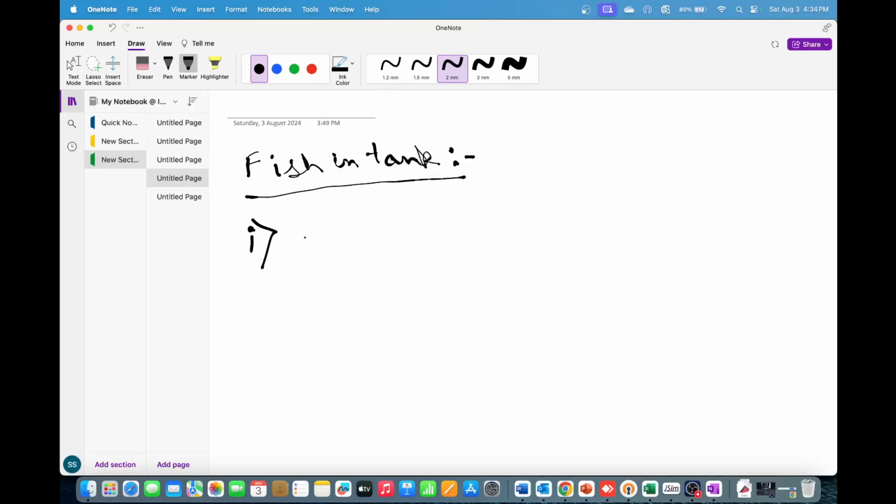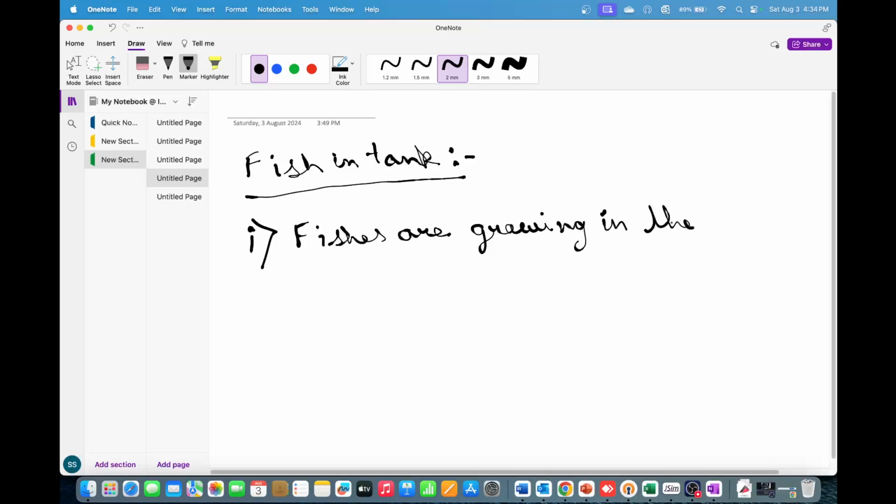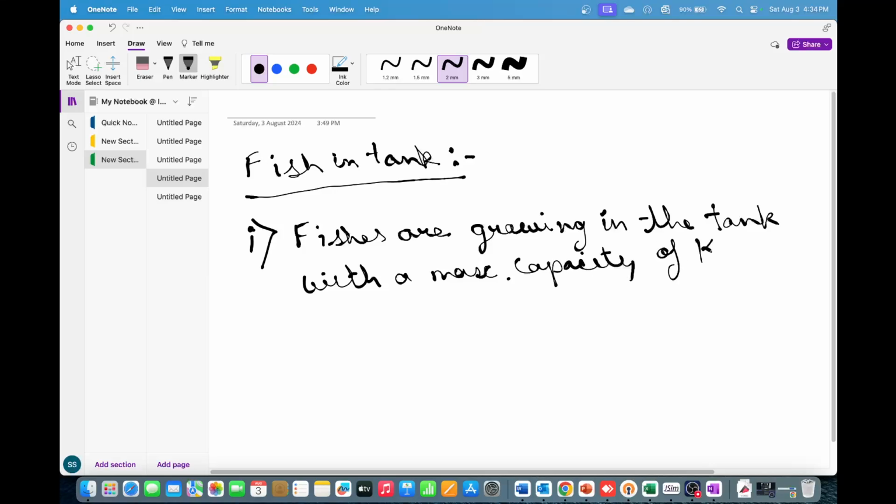The first assumption is that fishes are growing in the tank with a maximum capacity of K. So K is your maximum capacity, which is also called the carrying capacity.